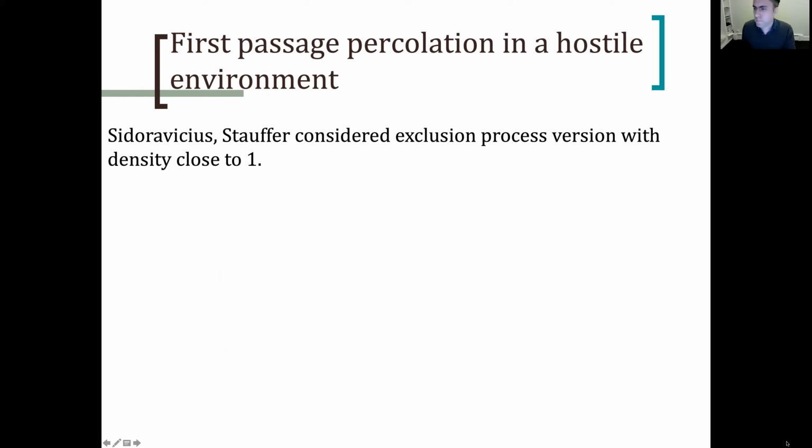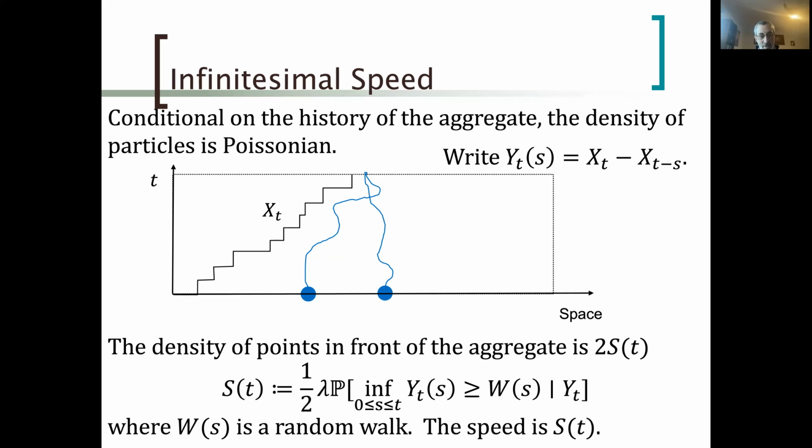Question? Oh, yeah. On the previous slide, I'm confused by the inequality in your definition of S of t, because the s is a parameter in the inf. Oh, that's a little s, I guess. Lowercase s.